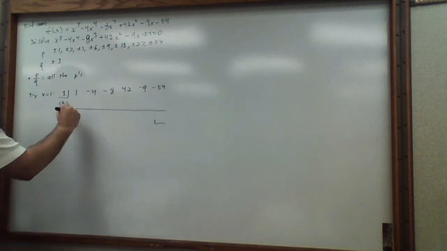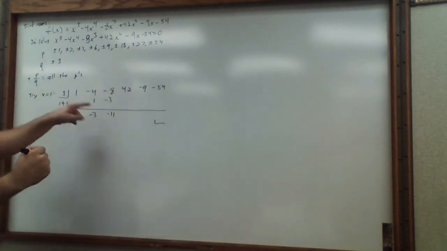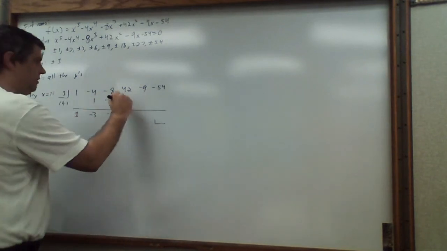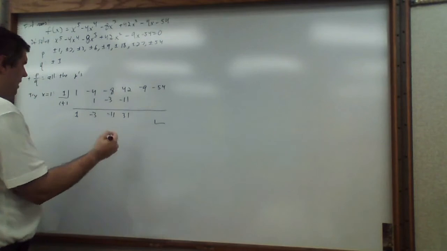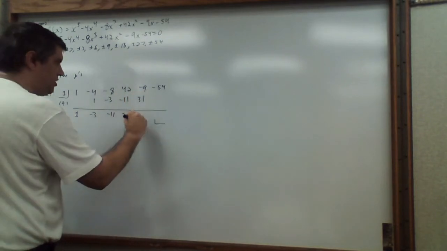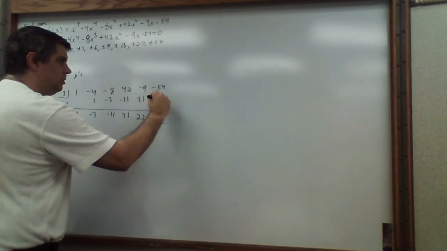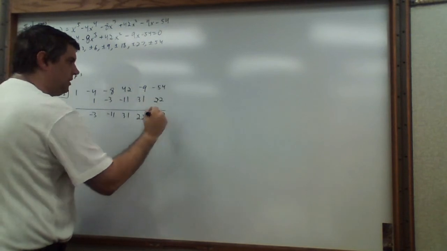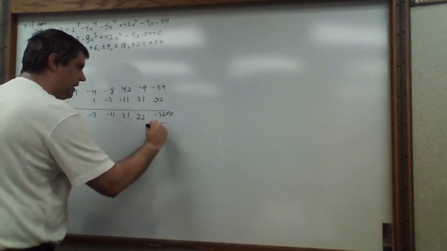I'll bring down the 1. 1 times 1 is 1, that's negative 3. 1 times negative 3 is negative 3, that's negative 11. 1 times negative 11 is negative 11, that's 31. 1 times 31 is 31, that's 22. And then 1 times 22 is 22, which is negative 32, which is not 0. So x does not equal 1.